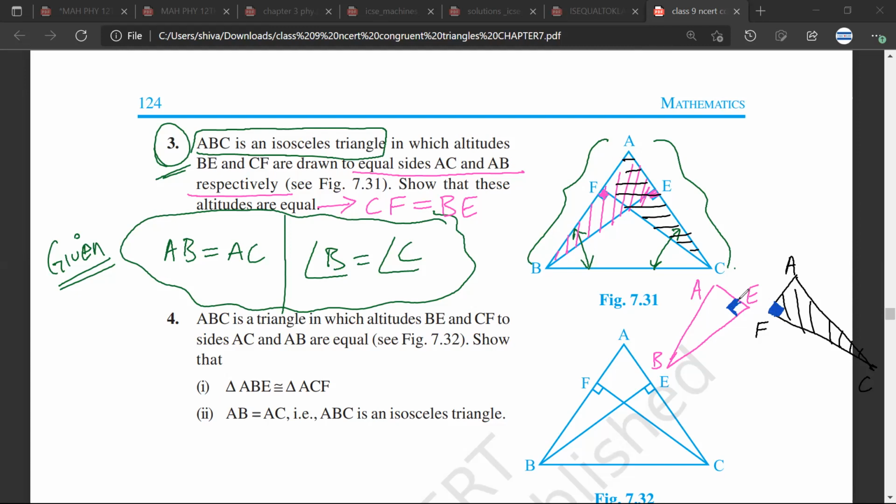So AC equals AB, so both of the sides are equal, and angle AEB is 90 degrees because angle BEC is also 90 degrees, and the sum of the angles is 180. And then angle AFC is also 90 degrees.